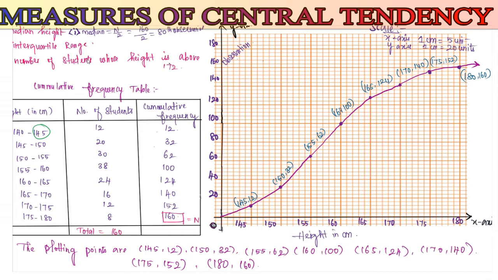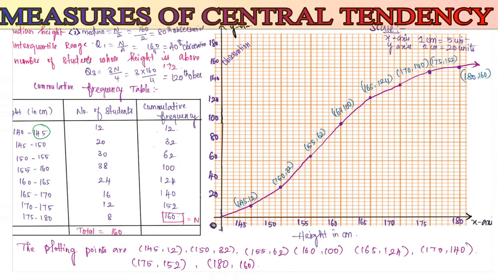The next one, Q1, the first quartile is equal to n by 4, which is 160 divided by 4, the 40th observation. And the next Q3 is equal to 3n by 4, which is 3 into 160 divided by 4, the 120th observation.